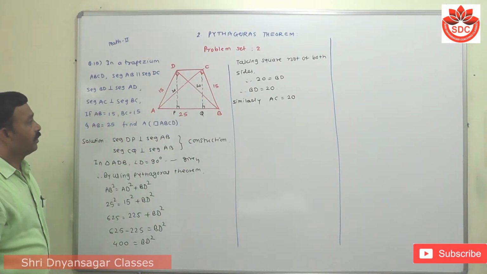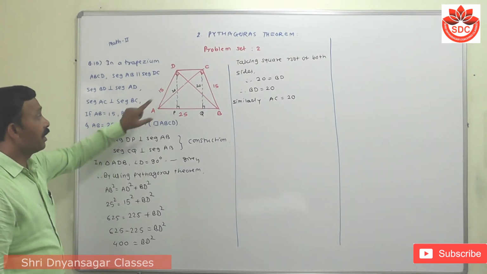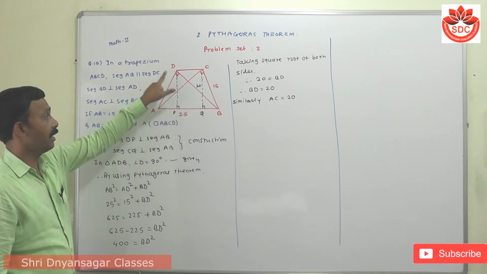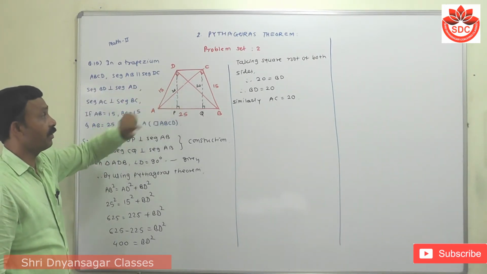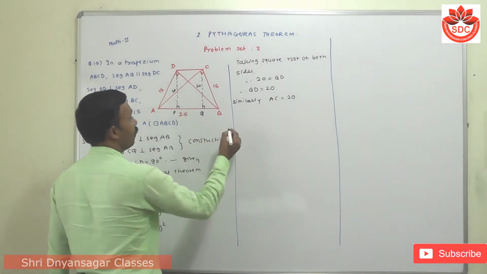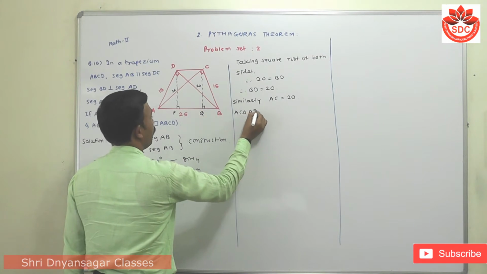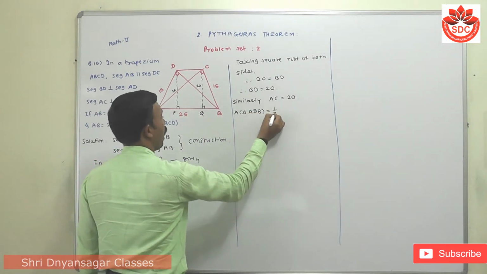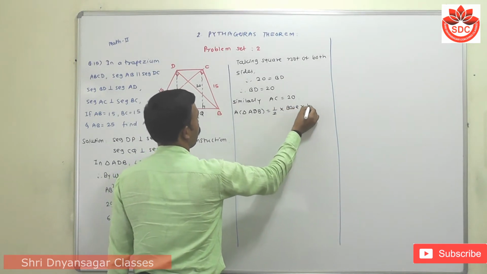Now students, we have to find the area of this triangle ADB, and by using this we can find its height. So first find the area of this triangle. How to find it? Look carefully. Area of triangle ADB is equal to half into base into height.